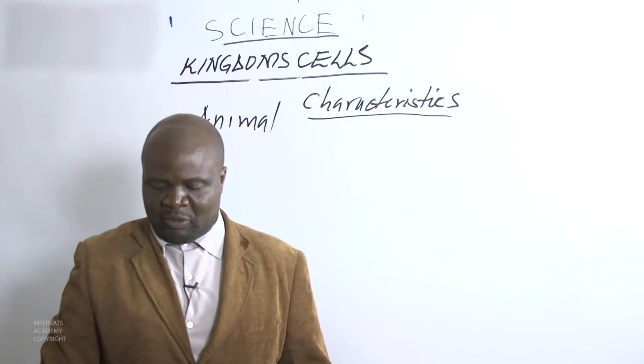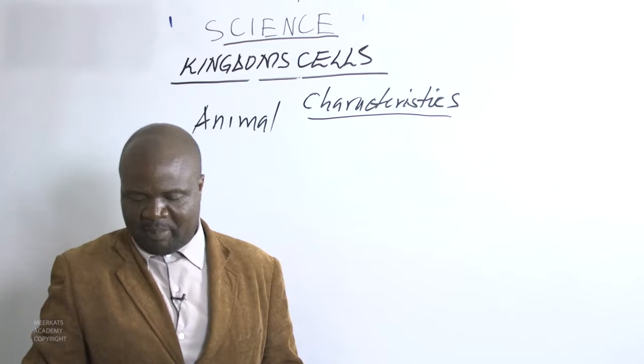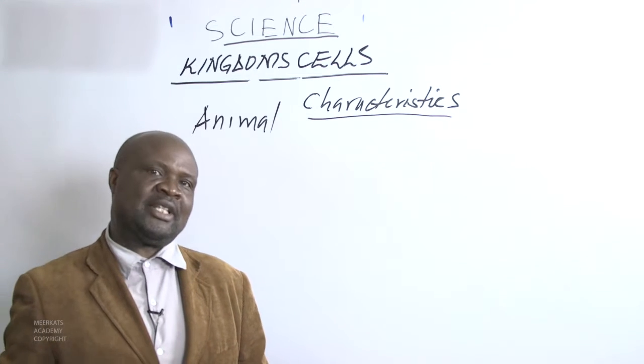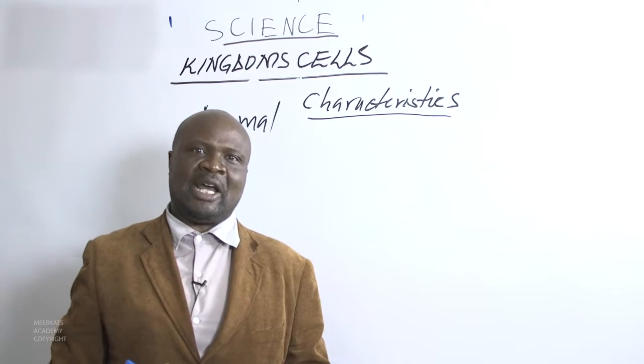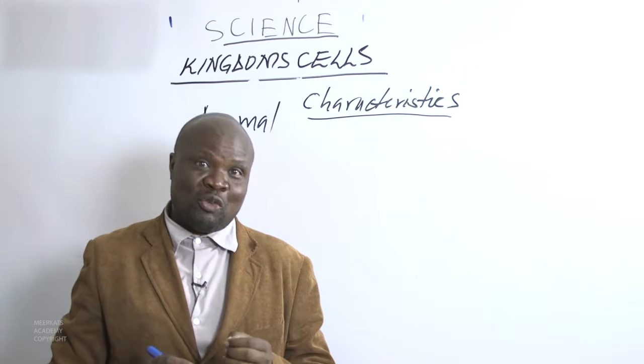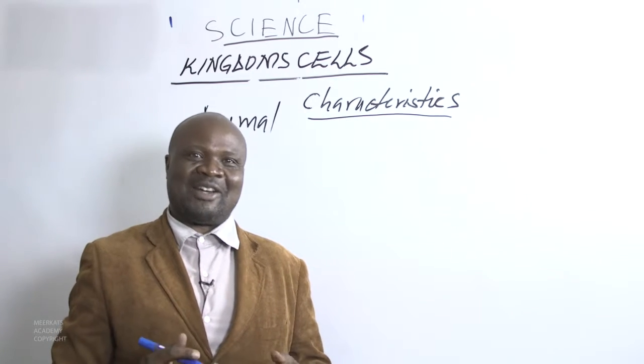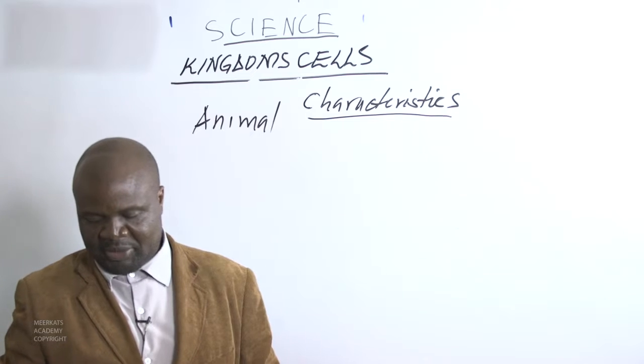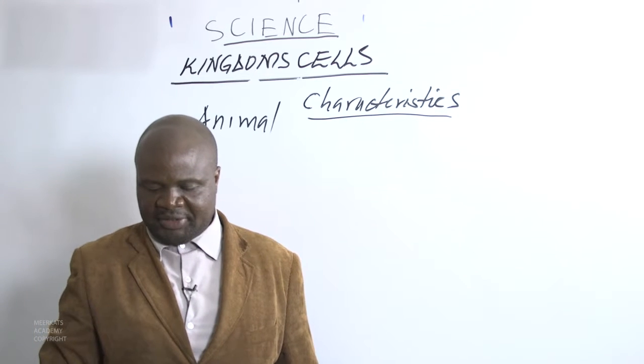One, animals are made up of many cells. We are saying when you check animals, they are made up of many cells, not only one cell, so animals are multicellular organisms.